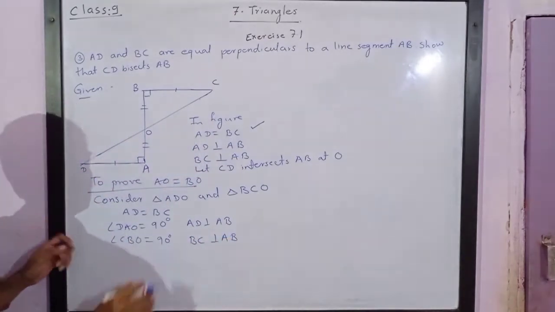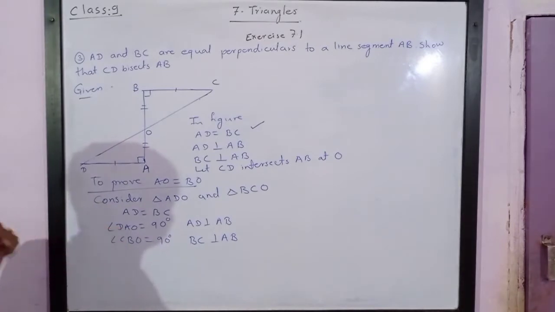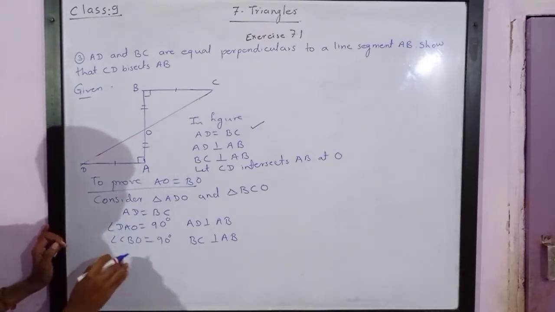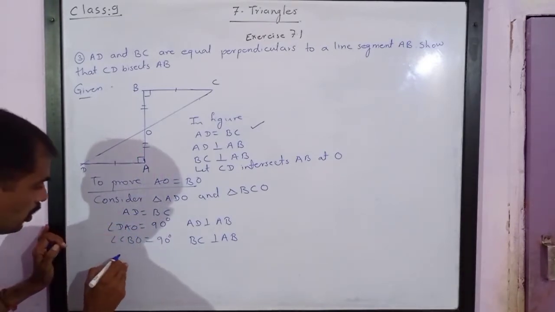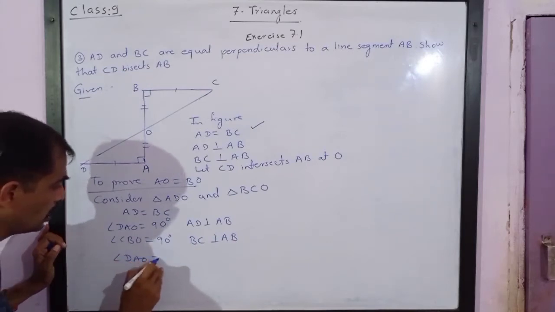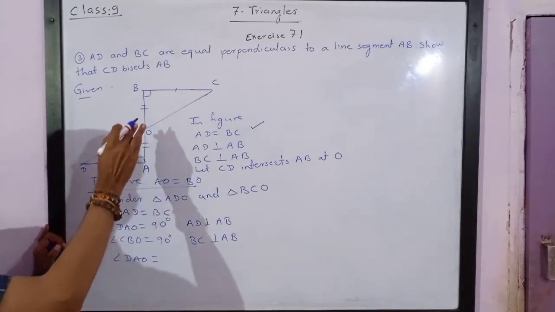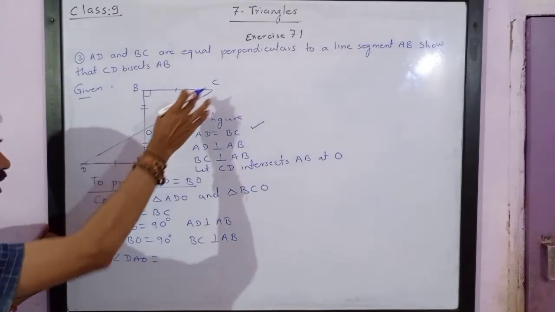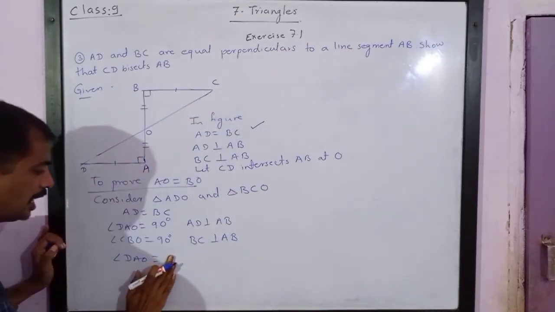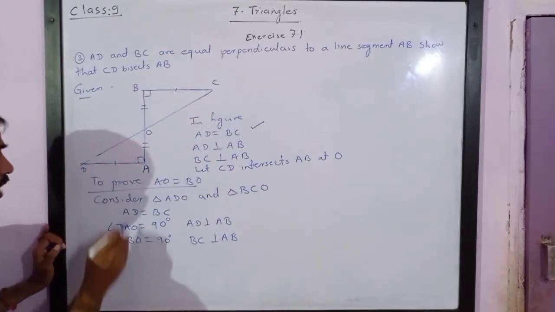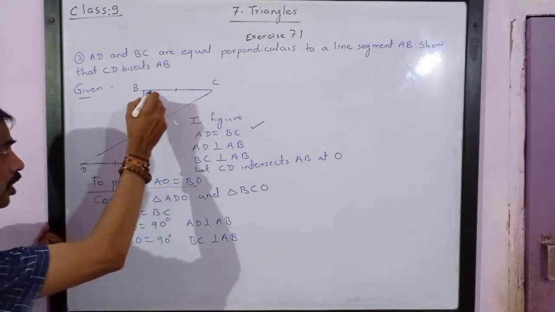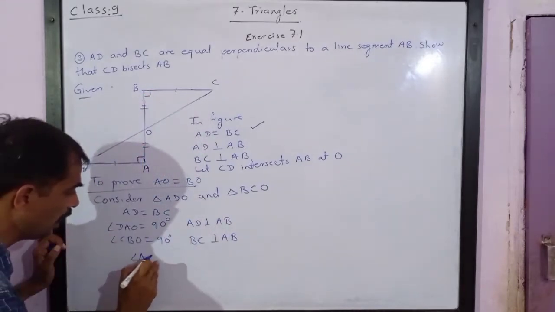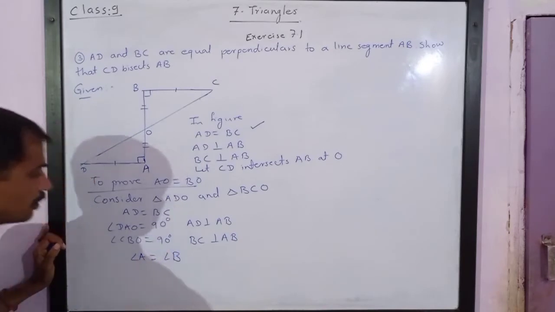Both angles are 90 degrees, so they must be congruent to each other. So I can say that angle DAO is equal to angle CBO. Or I will use a single-letter name that is easy for you to understand. Here I get angle A is equal to angle B.